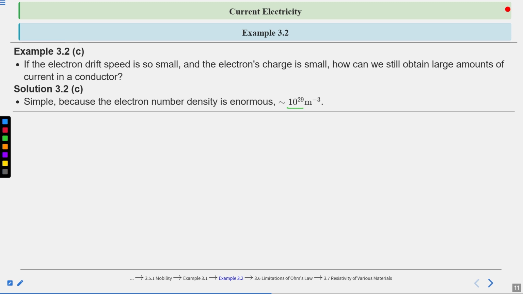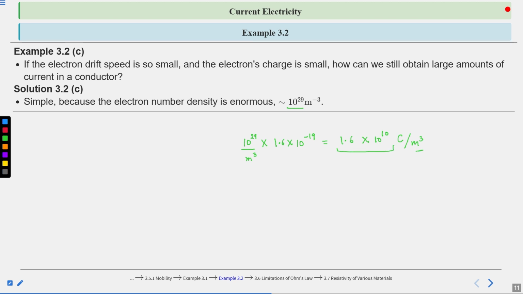We can calculate it with the number density: 10^29 into the charge on one electron, 1.6 × 10^-19. If we solve it, it comes out to be 1.6 × 10^10 coulomb per meter cube. So that amount of charge is present per meter cube of conductor.